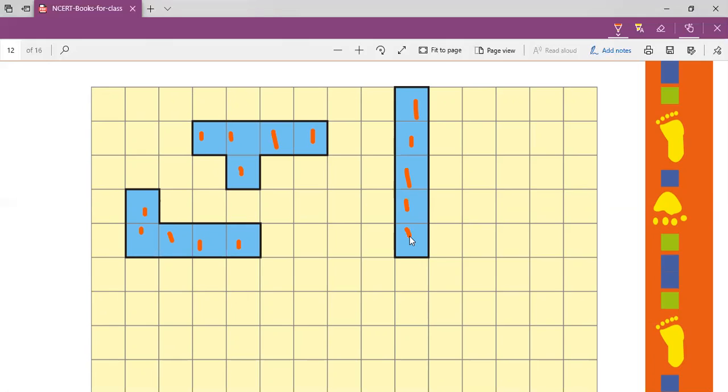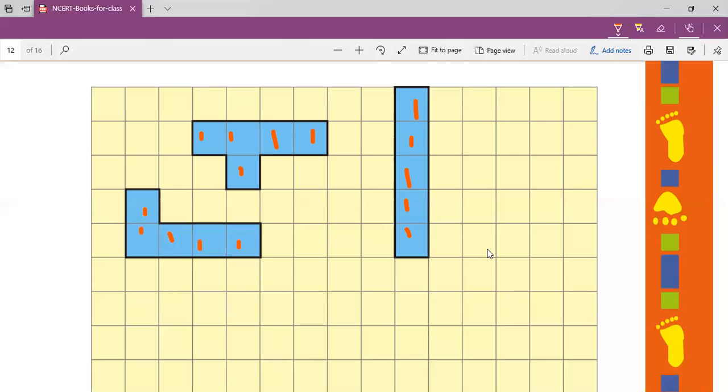So what you have to do is draw shapes which consist of 5 squares, with a similar measurement. Take any 5 squares of this grid and draw a shape with the help of them. It means the area of that shape should be 5 square centimeter.